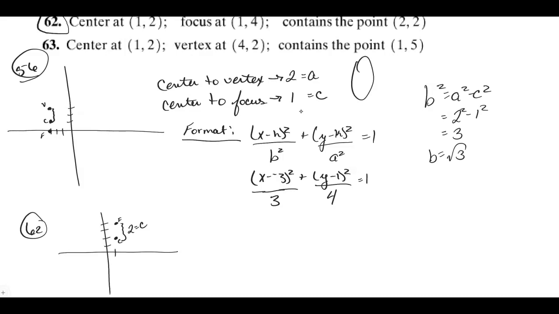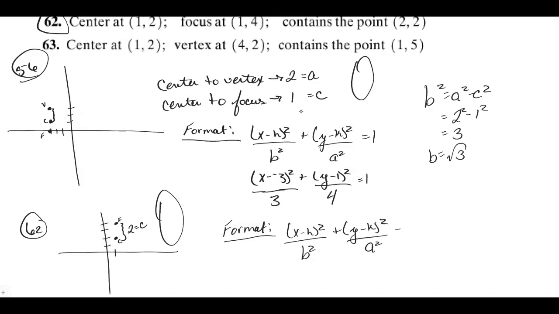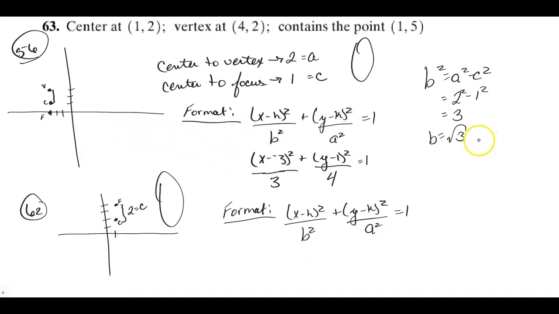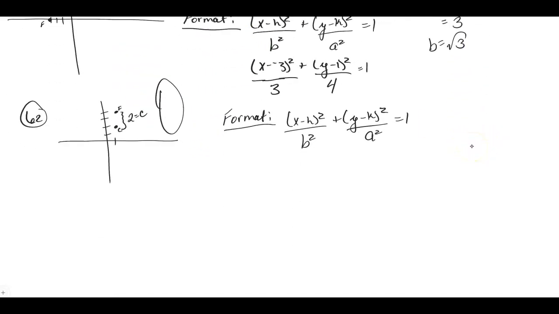So we also know this thing is going to open tall. So we know the format again. So we have x minus h squared over b squared plus y minus k squared over a squared is equal to 1. So let's substitute in what we know. We know the center.